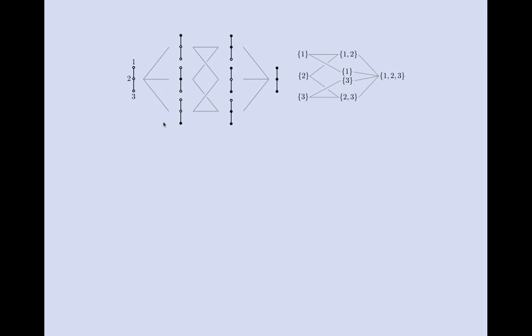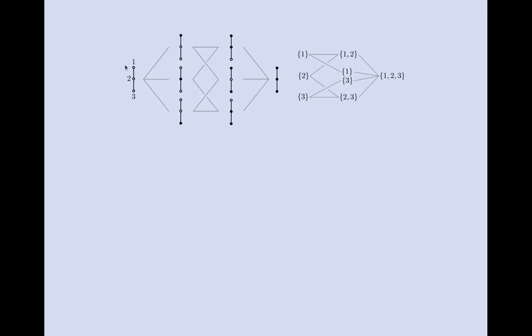And here we can see a really simple example, a line graph of length 2. Here on the left we have the poset of colorings. You can see here on the left that there are no black dots. Here are 1 black dots, here 2, and here 3. And here on the right we are looking at the same poset, only recording the black subgraphs and their connected components.